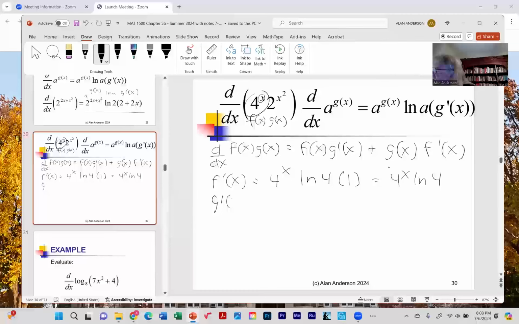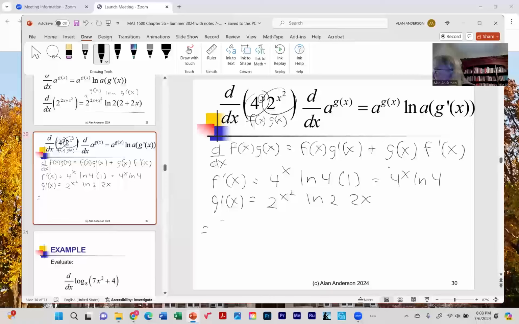G prime of x, that would be this one, is the original function on 2, and then the derivative of that function is 2x. Wow, this is going to be messy.